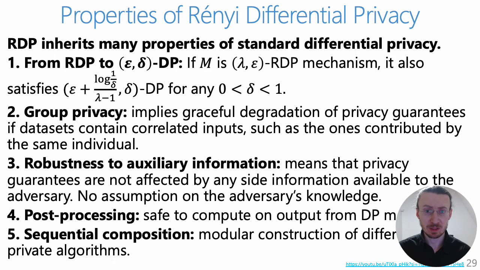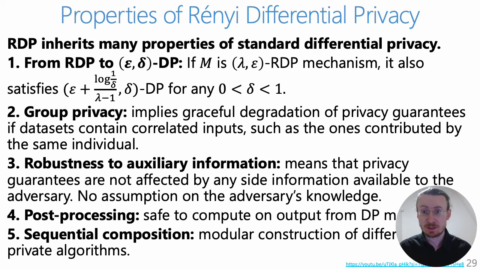RDP inherits many properties of standard differential privacy. You can easily go back from RDP to the standard epsilon delta DP. Similarly to standard DP, Renyi DP also provides group privacy, gracefully degrading the privacy guarantees if the dataset contains correlated inputs. It is also robust to auxiliary information, so again, we have no assumption on the adversary's knowledge.